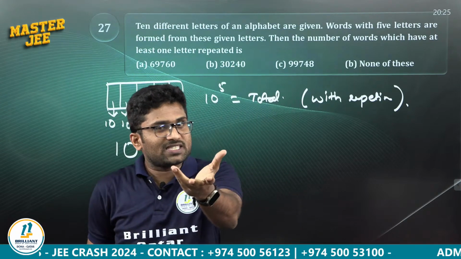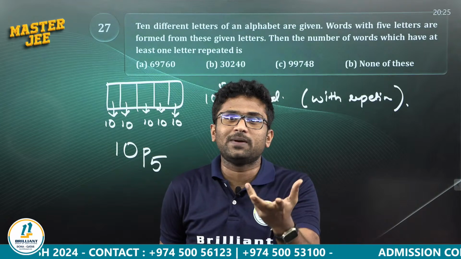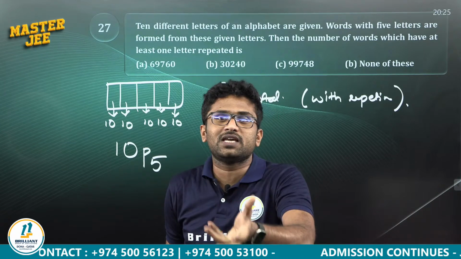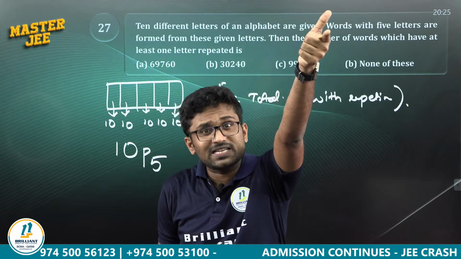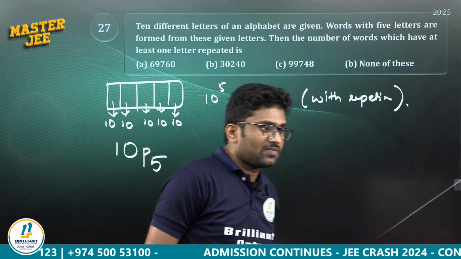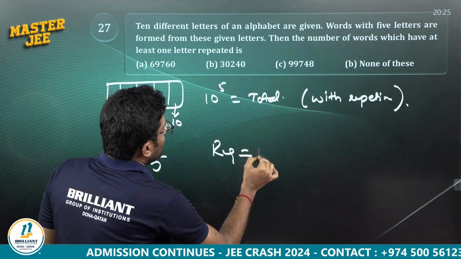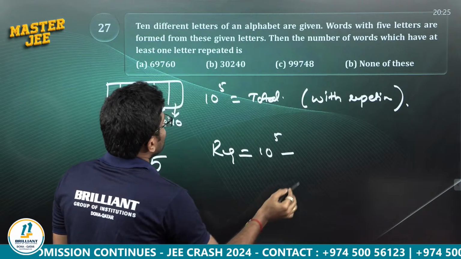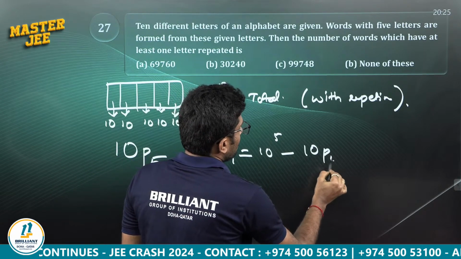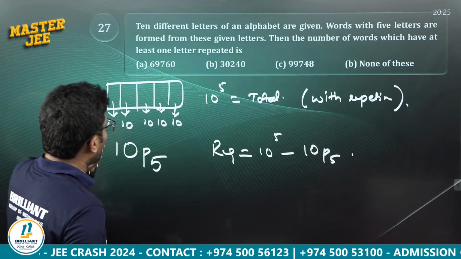This is what the nPr formula itself says. nPr means the number of ways of arranging r things selected from n distinct things. All are distinct. So required is equal to, now what is our required? 10 power 5 minus 10P5.